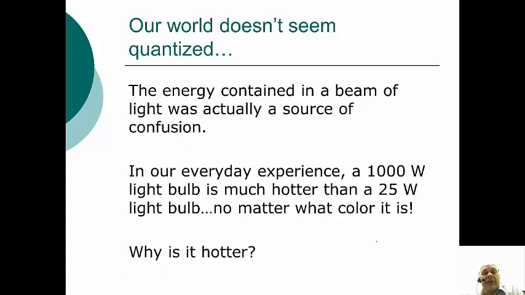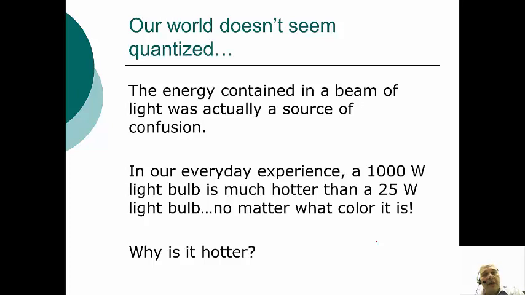So if you consider the fact that the electron levels are quantized, and that a beam of light is made up of photons, each of which has a defined energy, it creates an interaction that's a little different than you might anticipate. In our everyday experience, a 1,000-watt light bulb is much hotter than a 25-watt light bulb.